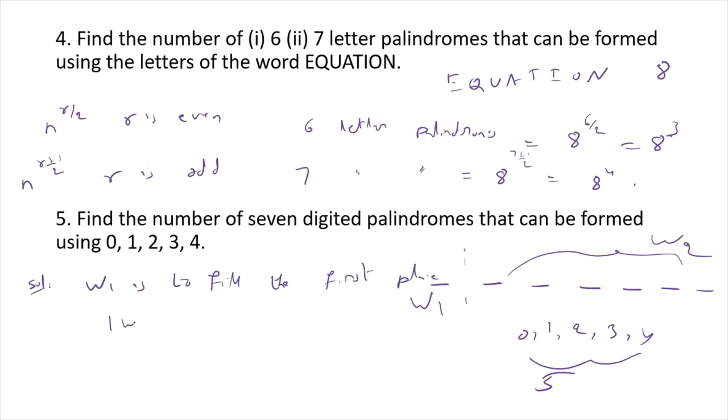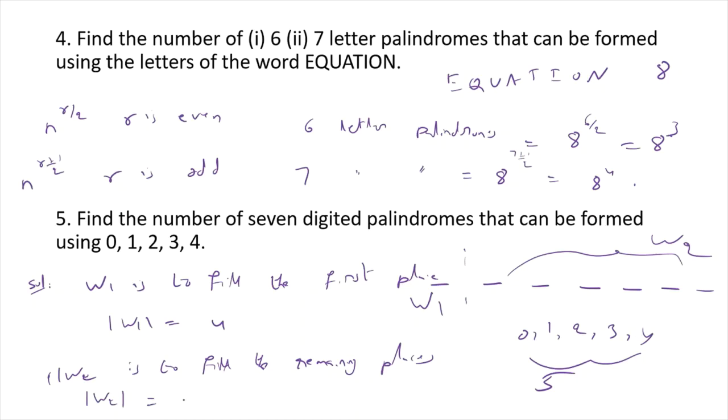So this can be done in 4 ways: 1, 2, 3, 4. And W2 is to fill the remaining blanks. And this can be done in, cardinality of W2 is equal to, in order to fill each blank, we have 5 options.